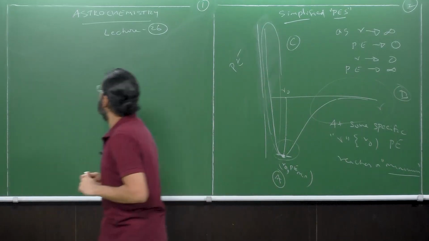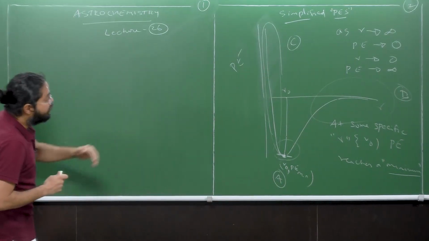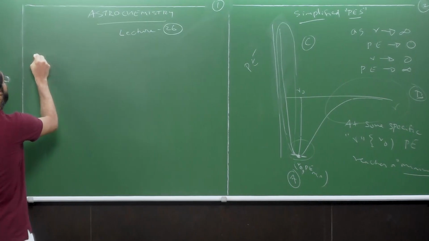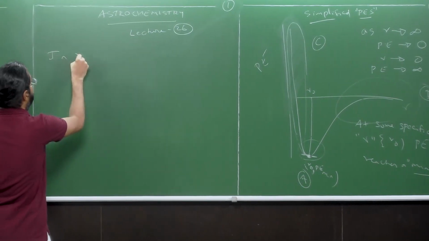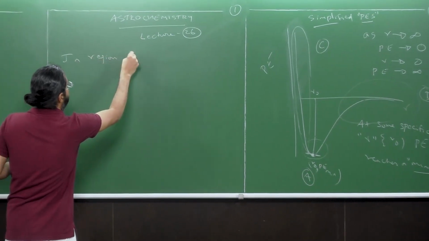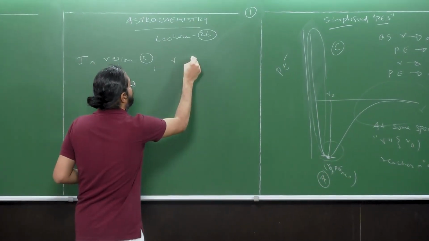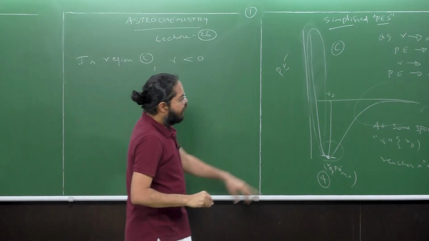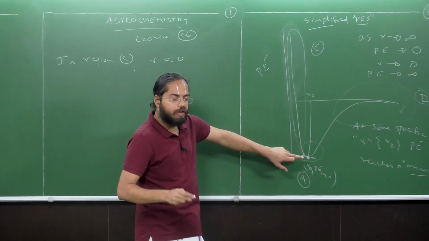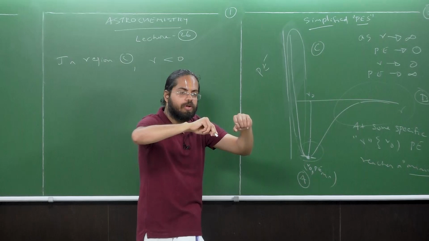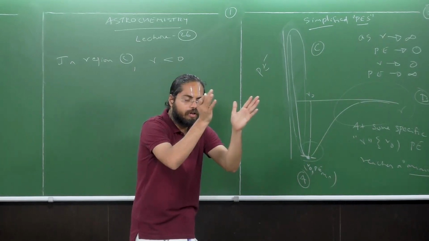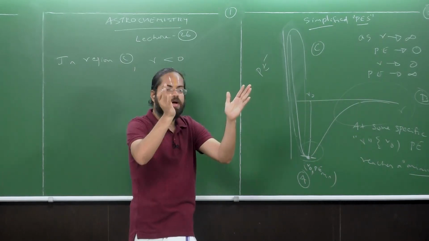So let's consider region C, where R is tending to 0. That is, you try to squeeze a molecule way below its equilibrium bond length.